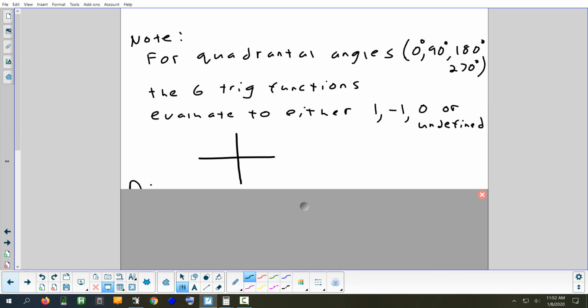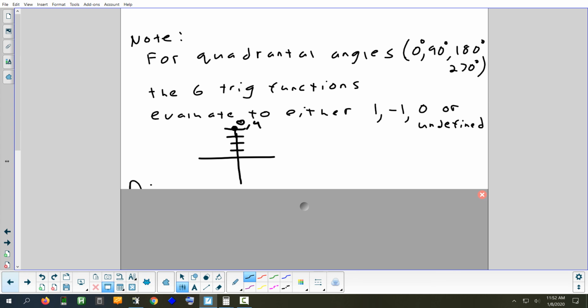Basically 0, anything. Now, you might look at that at first and be like, wait a minute, I can't even make a triangle out of that. Right? You're right, you can't, because there's no real opposite, adjacent, hypotenuse. Okay?